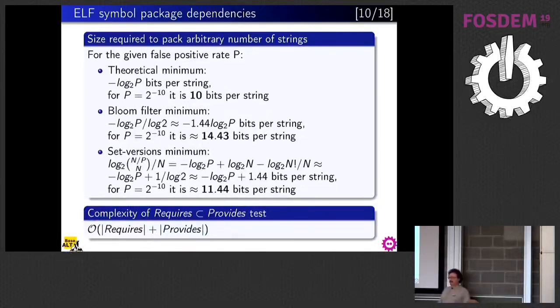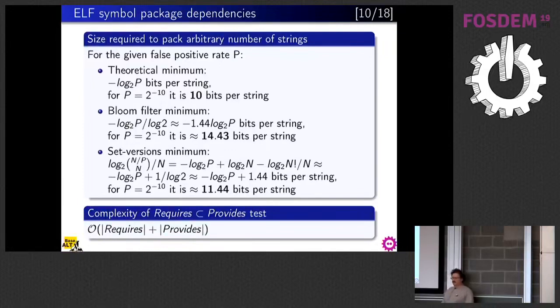It's a theoretical minimum, but if you use something popular like a Bloom filter, you'll get an additional multiplier of about 1.44, which is 1.5 more or less bits per string.